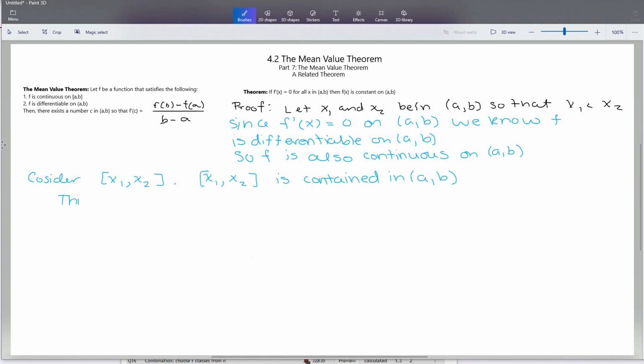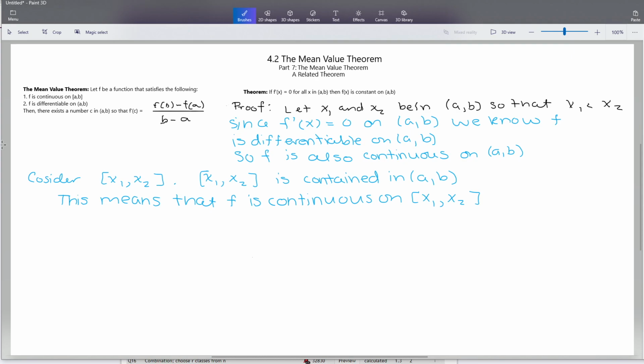Right, so this tells us that f is continuous on the closed interval x1, x2, because those endpoints, x1 and x2, again, are on the interior of this interval. So we know that the function is continuous there on that interior.